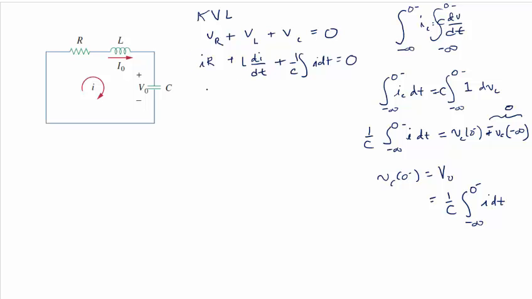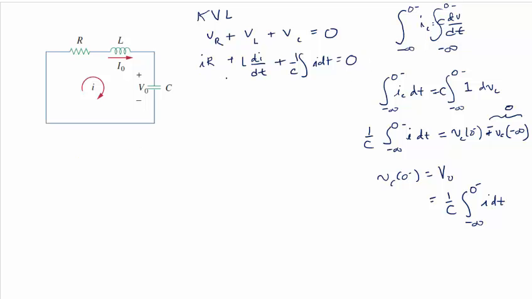Okay, so now we have KVL written for this series RLC circuit, but you see it has a derivative in it and it has an integral in it both. So the question is, what are we going to do with it? The way you handle that is to go ahead and take the derivative of both sides of this.